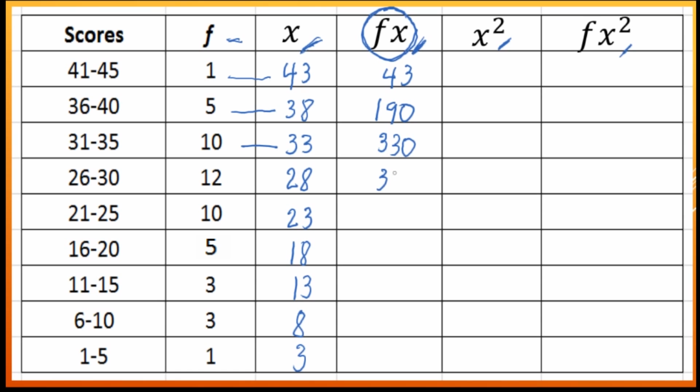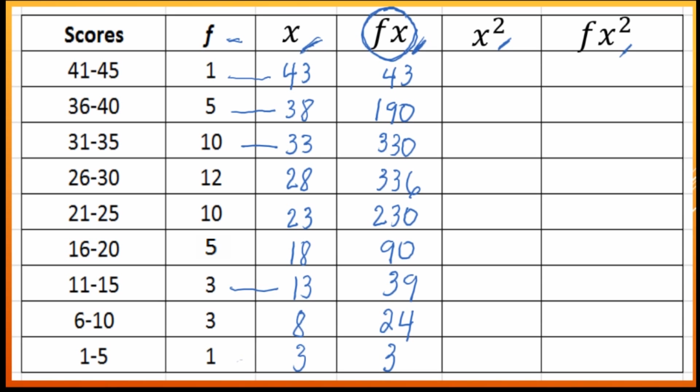We will have 336, 230, 90. The product of 3 and 13 is 39. We also have 24 and we have 3, that is 1 times 3. So we're done with the fx column.